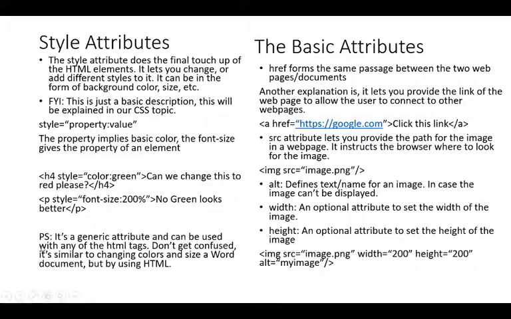So please note, it is a generic attribute and can be used with any of the HTML tags. So this style attribute can be used with any HTML tag, and don't get confused. It's similar to changing color and size in a document, but by using HTML.